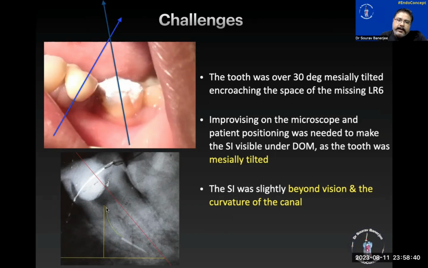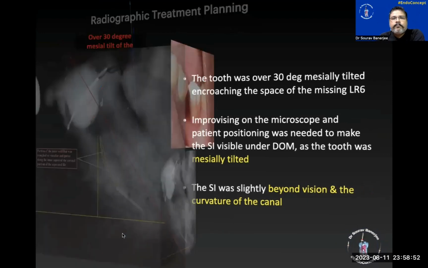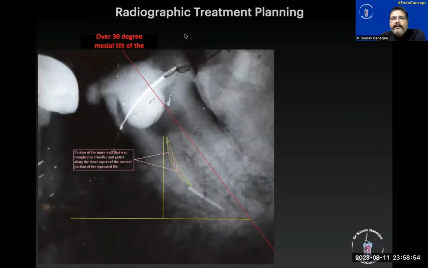We saw that a certain amount of dentine should be removed to visualize the coronal end of the instrument for successful retrieval. Here you can see the amount of dentine that was planned to be removed so that we could visualize the coronal end of the file and effectively remove it.